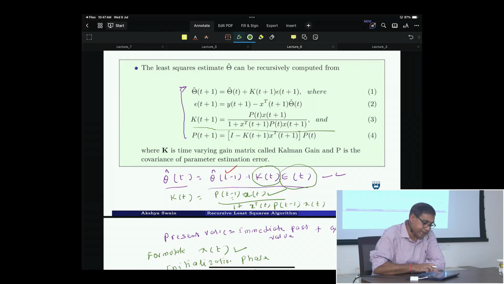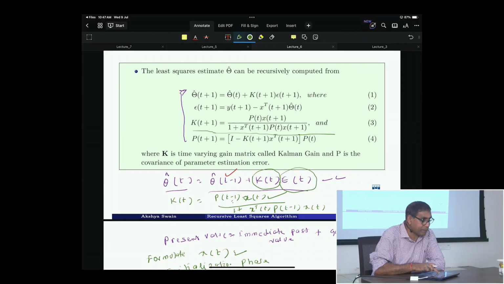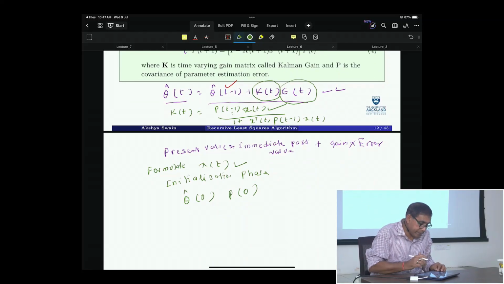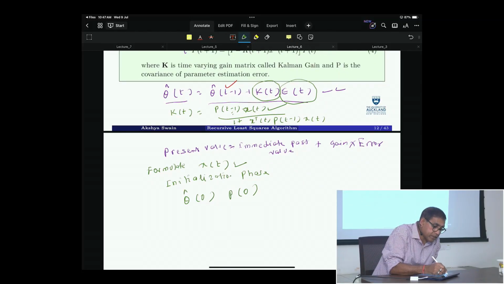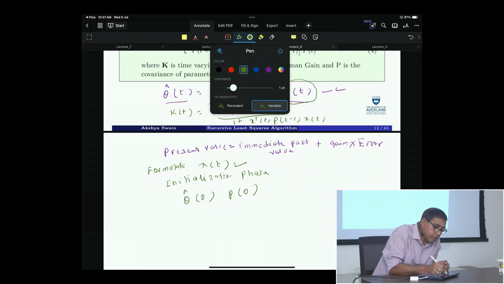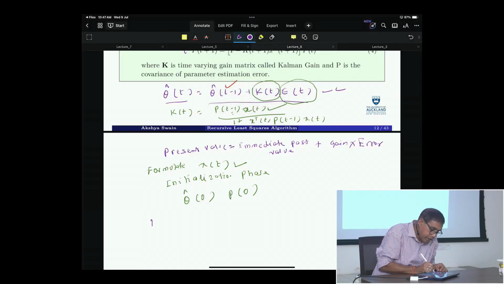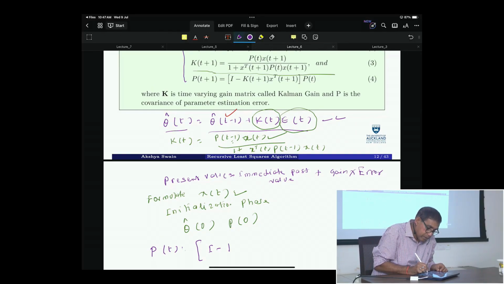Now this pt, that's my initialization. See what is pt? Let us write it down. pt is equal to I minus kt into x transpose t into pt minus 1.